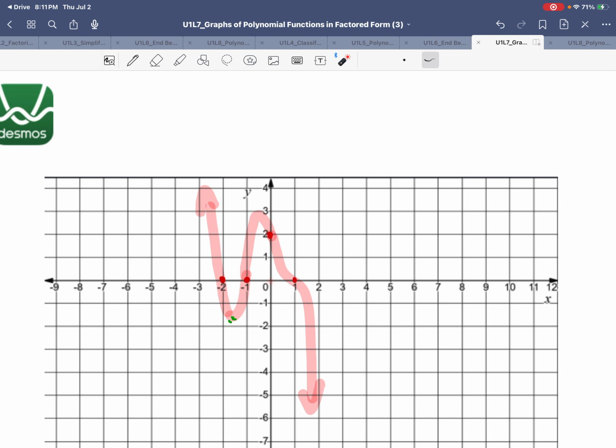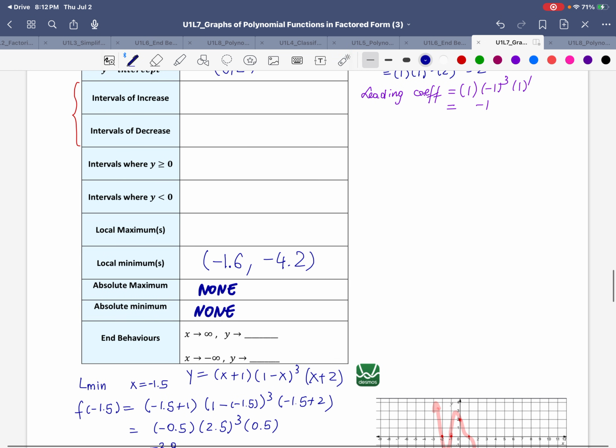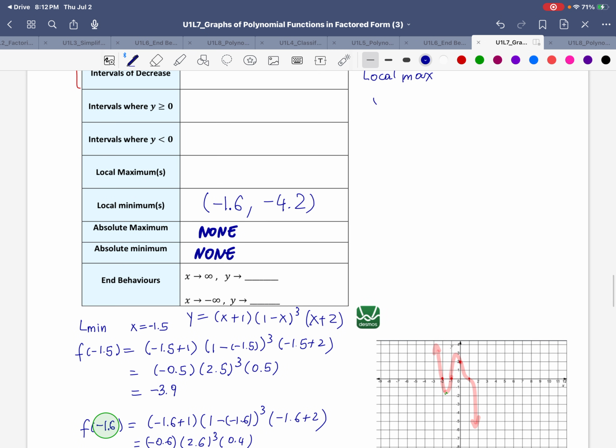I'm going to start off with -0.2 in here, and we're going to have this for the local max. So we're not looking at the middle between the x-intercepts. We're moving further to the left. So at x equals -0.2, we'll have the function at -0.2 equal to (-0.2 plus 1)(1 minus -0.2)^3 (-0.2 plus 2).